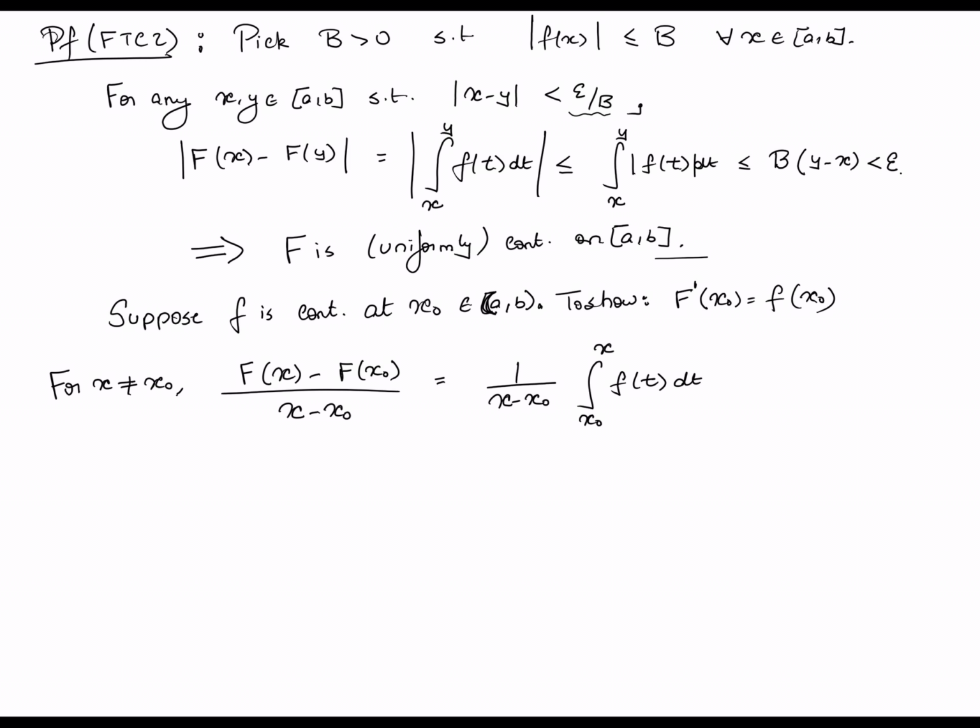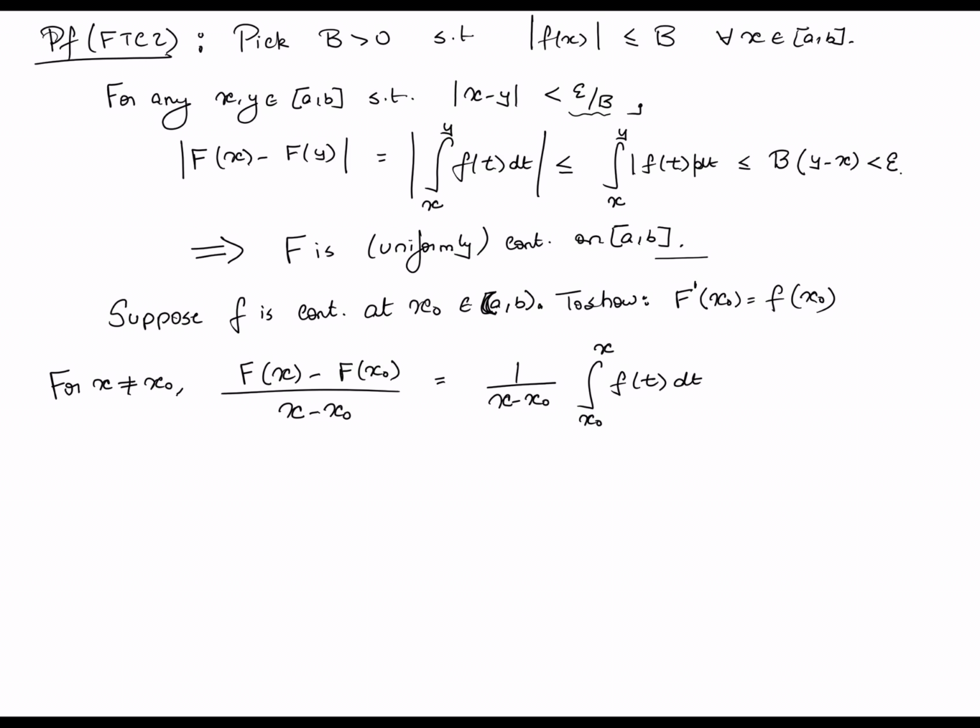Okay, this follows essentially just from the definition of capital F, the running integral function. Once I have this representation, note that this left hand side is in fact the object whose limit I want to understand as x approaches x naught.